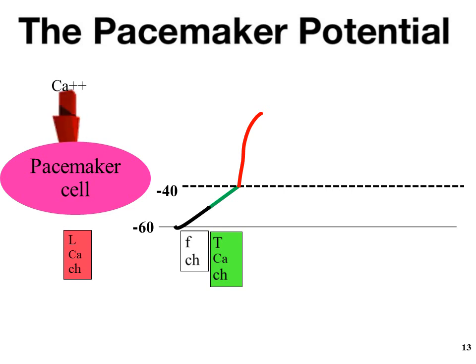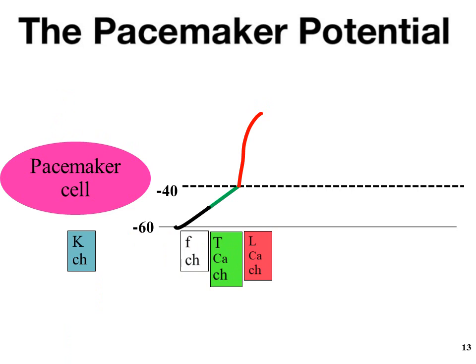There is no role for sodium in the depolarization phase. At the peak of depolarization, about +20, potassium channels open and there will be potassium efflux. This leads to the repolarization phase.